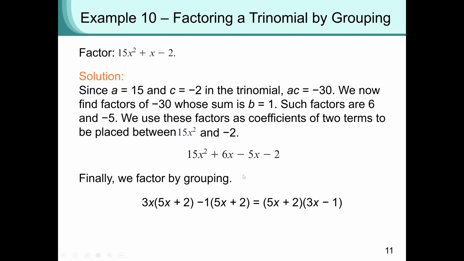So we end up getting 6x and minus 5x. Then you factor by grouping. So I use these two terms here. 3x is common, left with 5x plus 2. Negative 5x and negative 2, I'll take negative 1 out. So automatically 5x becomes positive and negative 2 also becomes positive because we took negative 1 out. And that will be our final solution.